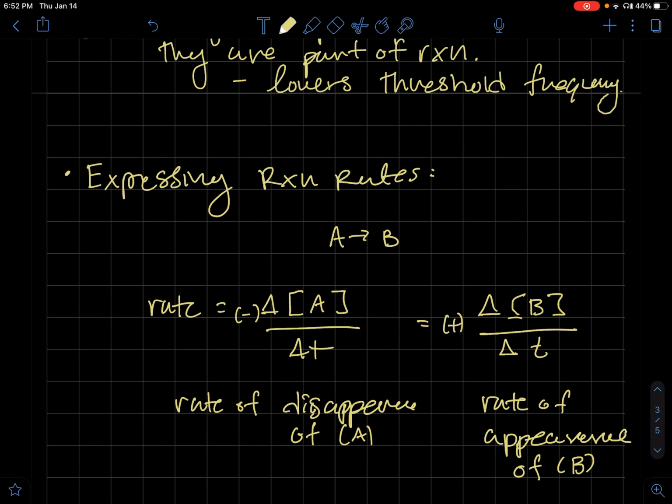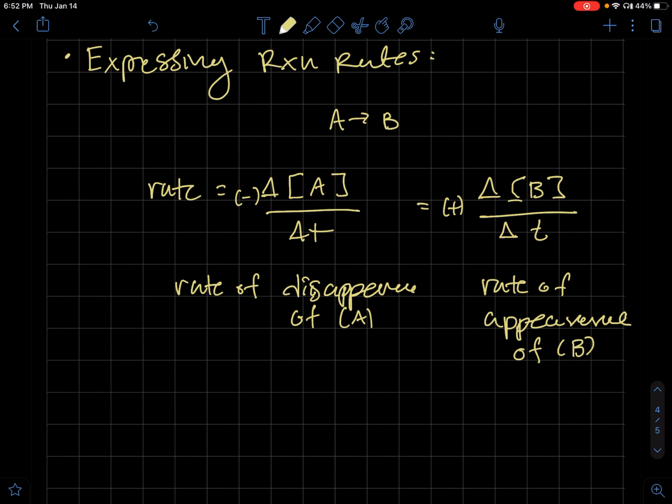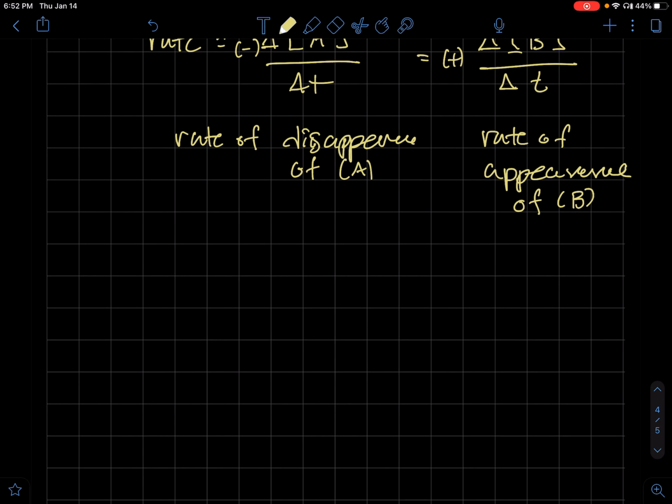Another way, we talked about this before, right? Another way we can write it is if we have a general equation, maybe with coefficients in front of our molecules.